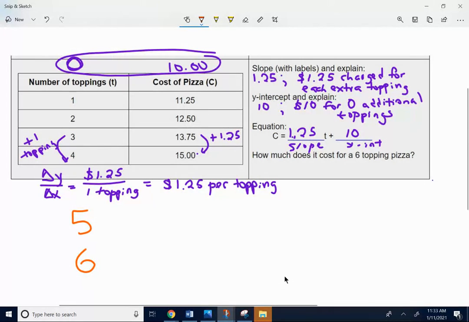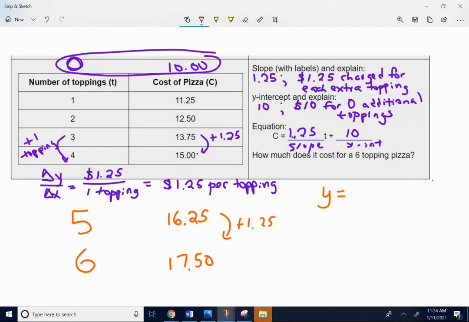So 15 plus $1.25 would be $16.25. And then $16.25 plus another $1.25 would be $17.50. So you could use the data.